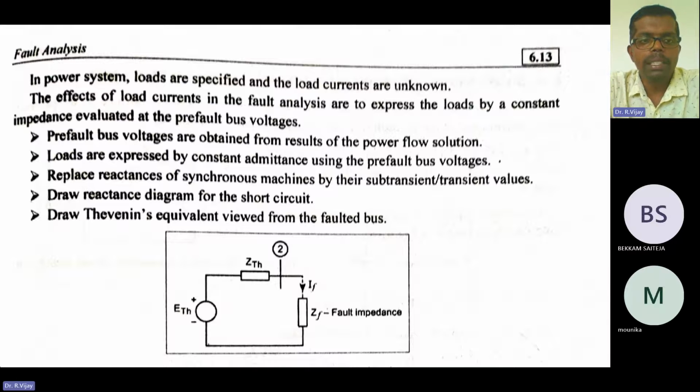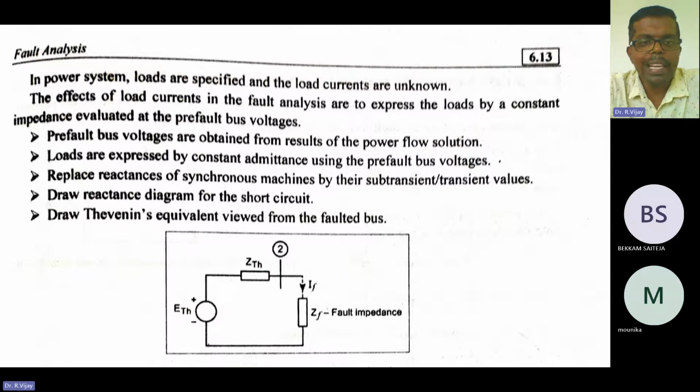The pre-fault bus voltages are obtained from the results of the power flow solution. As we saw before, if you go back to my previous classes, there are some power flow solutions, like solving the power flow by the Gauss-Seidel method and the Newton-Raphson method. So these pre-fault bus voltages are obtained from the power flow solution.